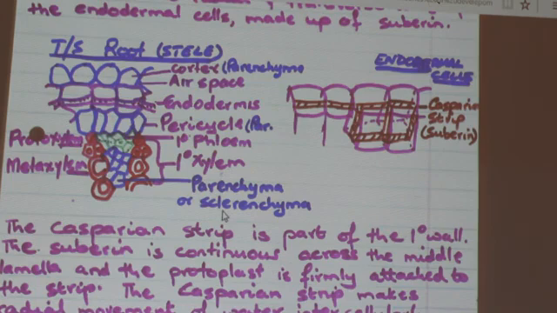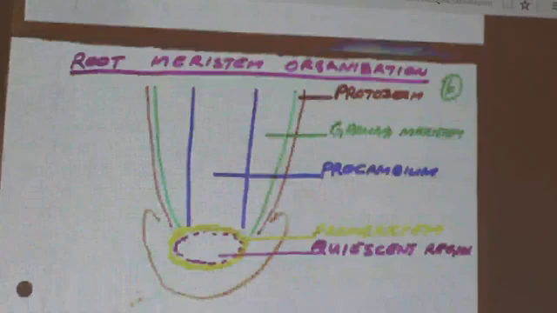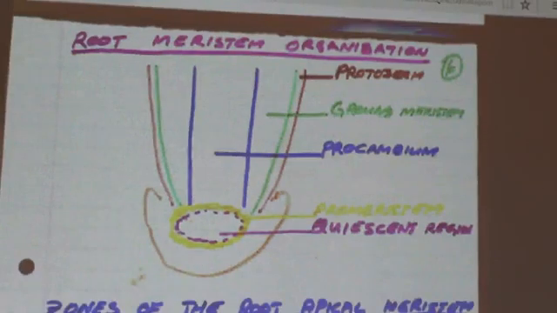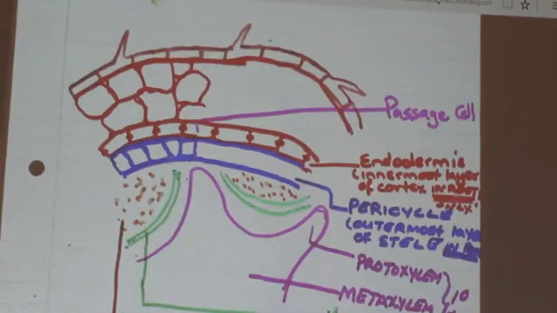Okay, so in a practical, we should have looked at the TS of a stem. Please look at that. Before I go, here I've tried to show you the section which you would have seen in the root.